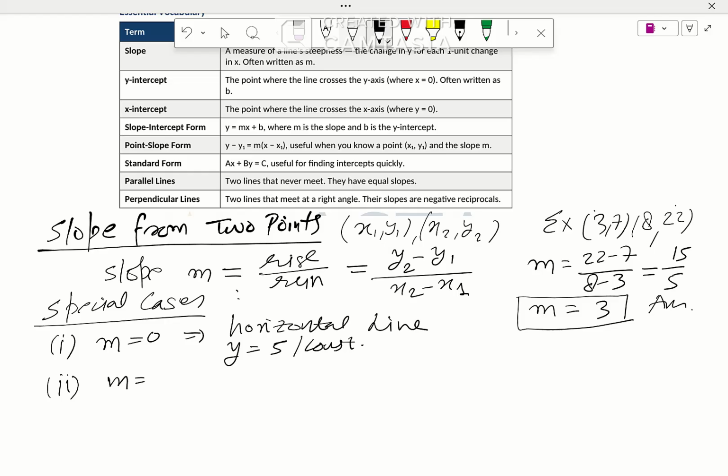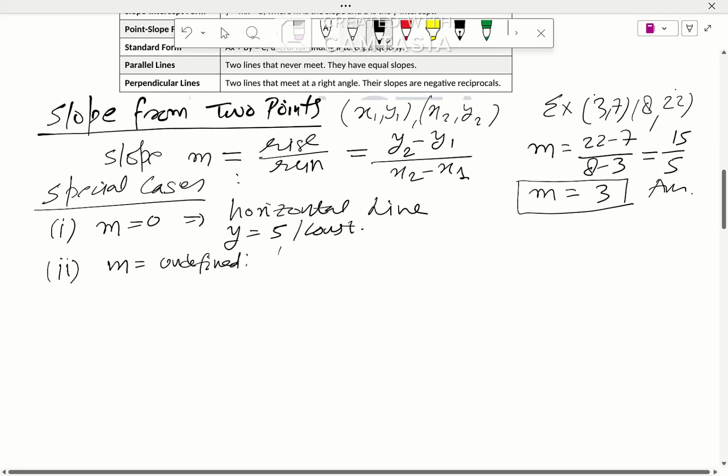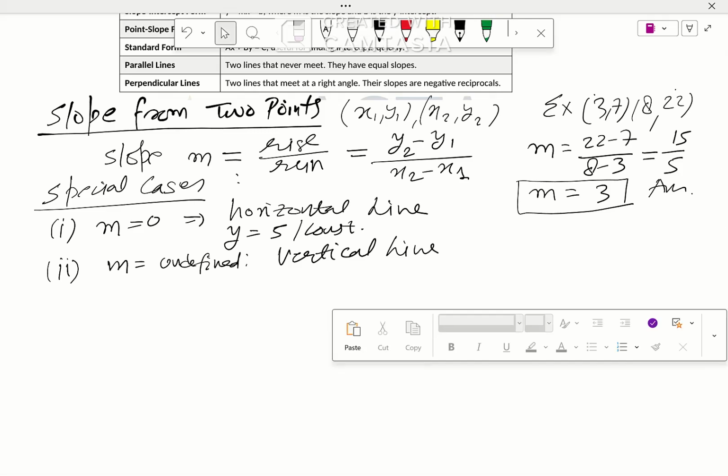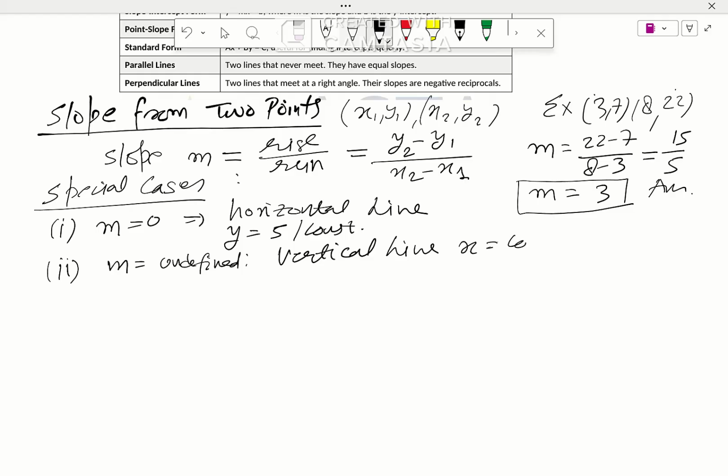Number 2, m is not defined, or undefined. It rises so much that it can't be defined. This situation occurs when you have a vertical line, that is, x is equal to a constant.